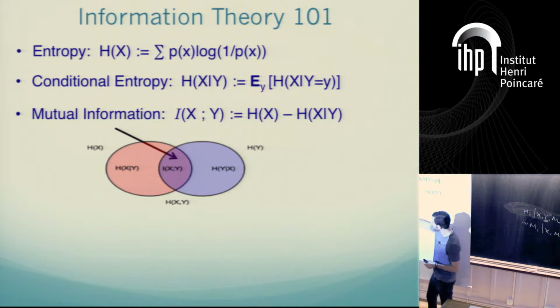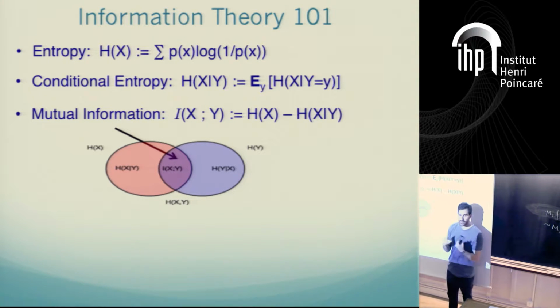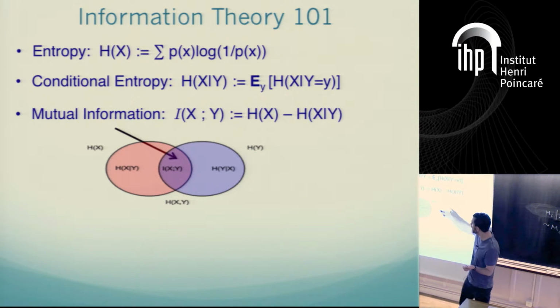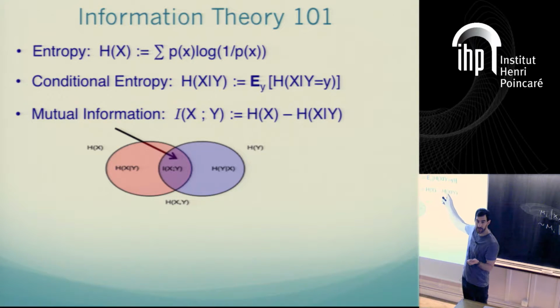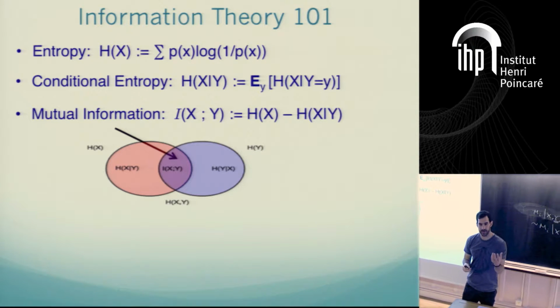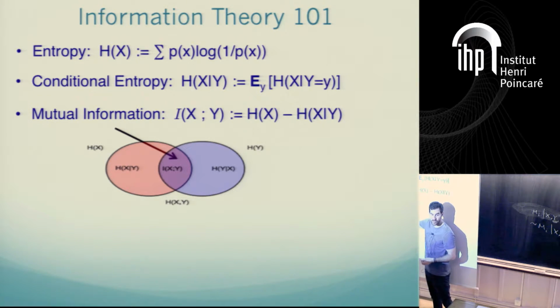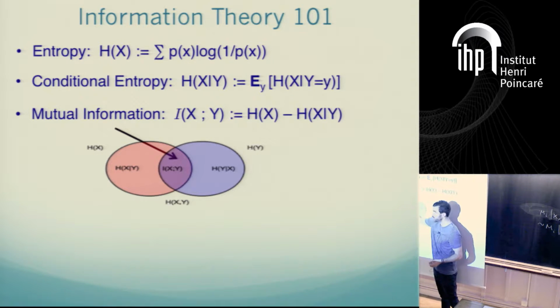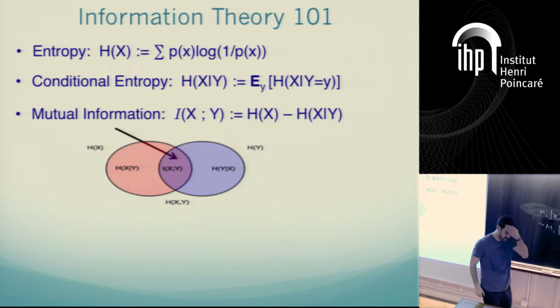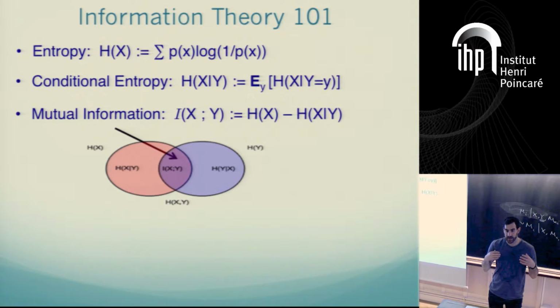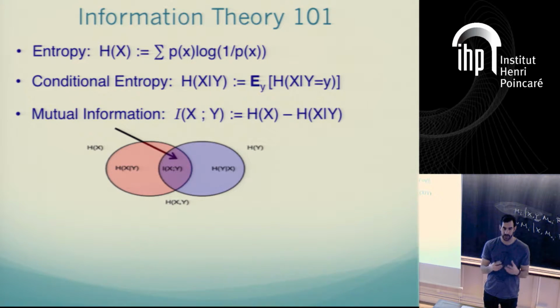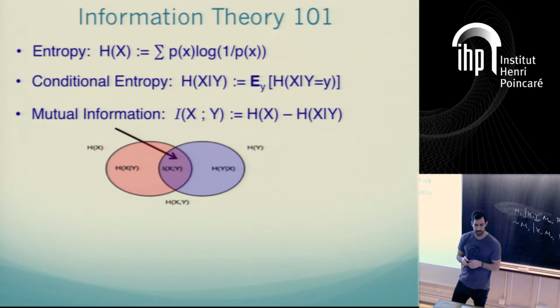So it's the average entropy remaining in X, right? So we draw a random variable Y, we condition on it, and the average entropy that remains in X, this area here, is the mutual information. So it's the average residual entropy that remains in X when we condition on a random variable Y. Okay?